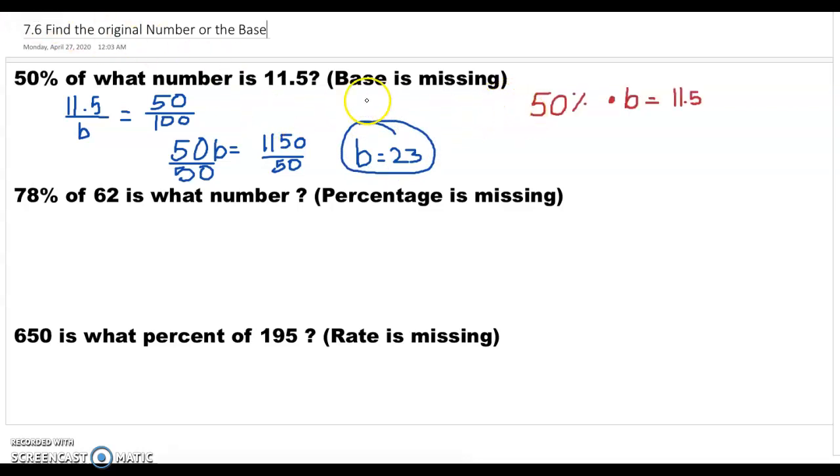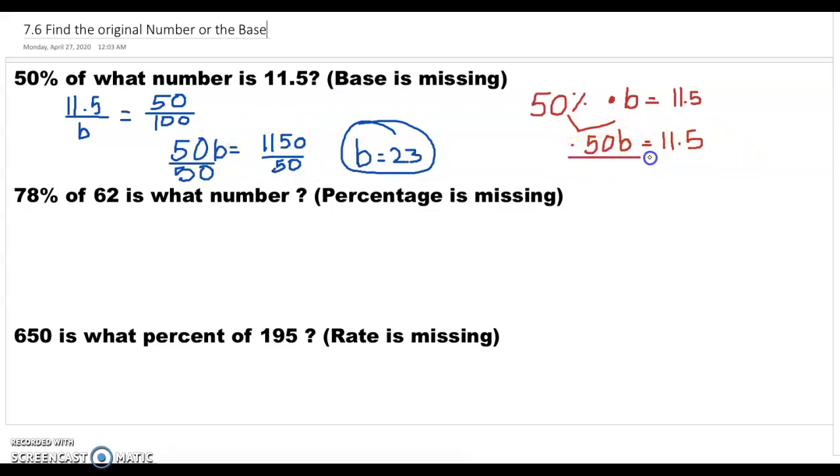Now I'm going to show you how to do it using the percent formula. As you see, I already have it set up. You do not need to make it look like this. First thing you're going to do is combine these two, so you get 50% or 50 over 100, and your answer is going to be 0.50 times B. Now remember, this is the exact way of saying it when it's drawn up. You're just going to bring this down, and you do the exact same thing you did here with this number.